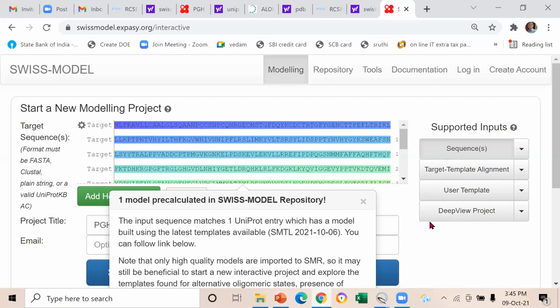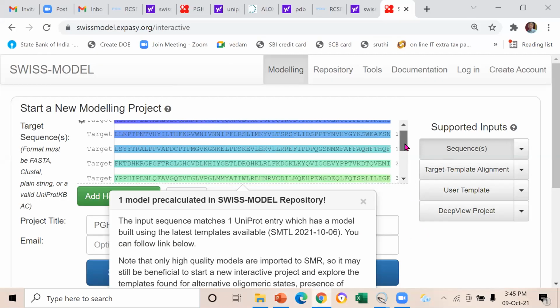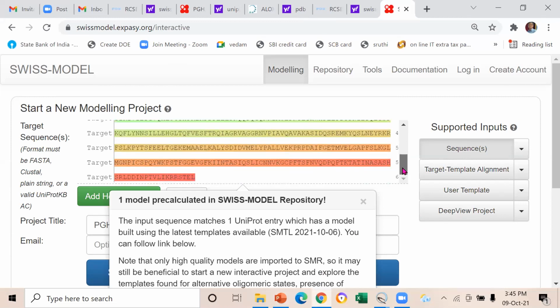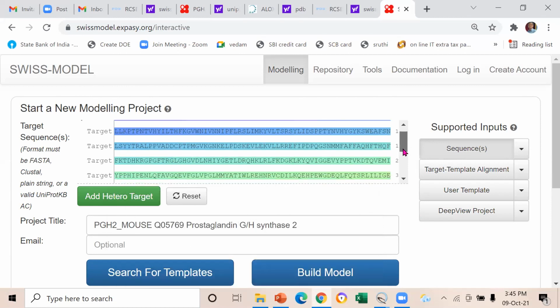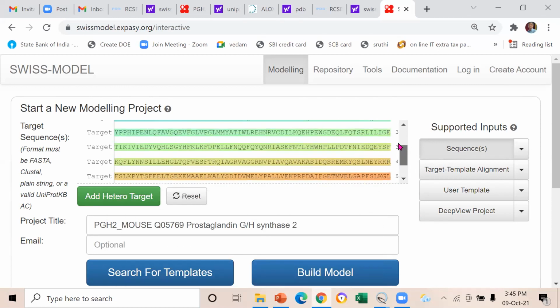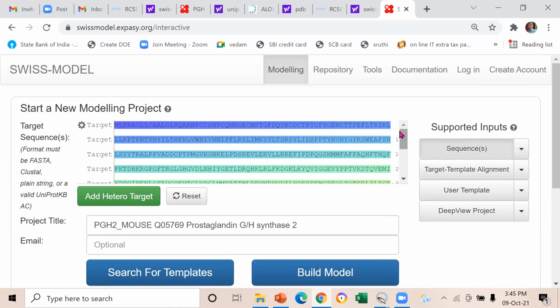Once you put it in, the sequence is automatically copied. But if you have discovered a new protein and got a sequence, you can put that in.